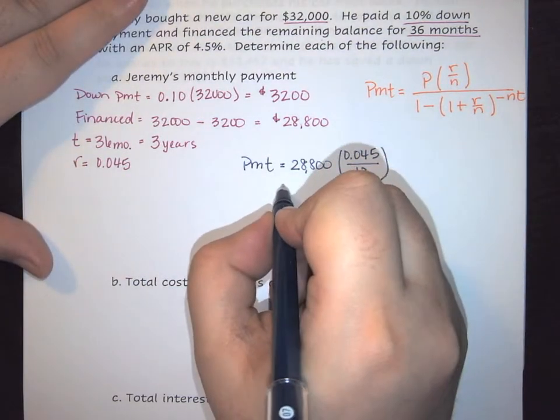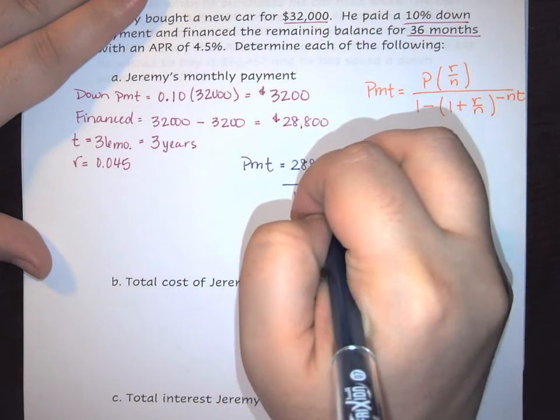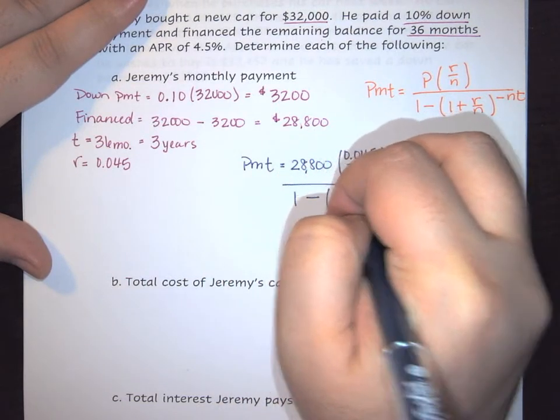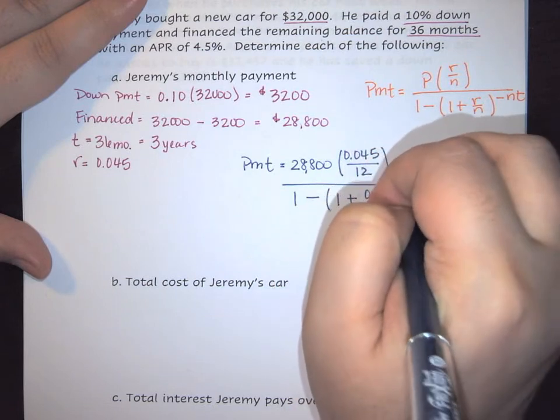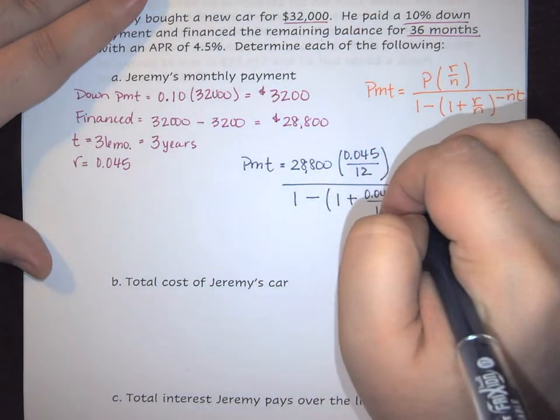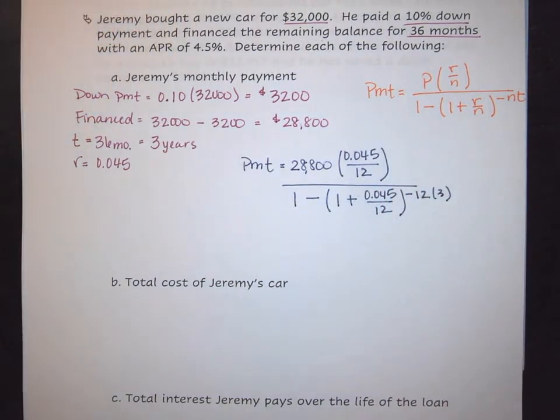And then we're going to divide this by 1 minus 1 plus 0.045 over 12, and we're going to raise that to the negative 12 times 3. Now, the biggest trick with problems like these is being able to know how to work your scientific calculator in order to actually solve them and get the answer that you wanted.